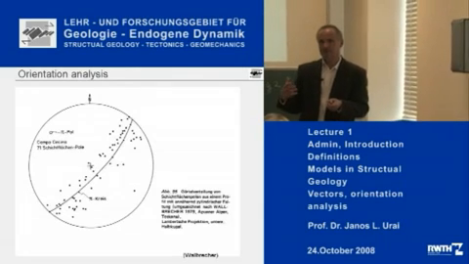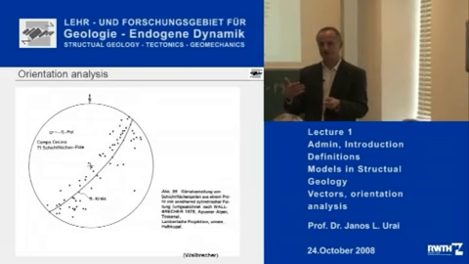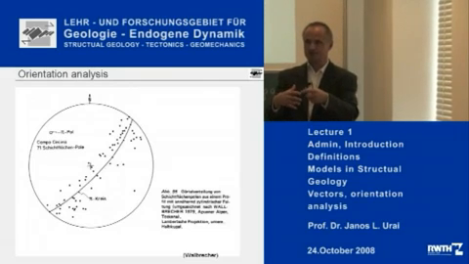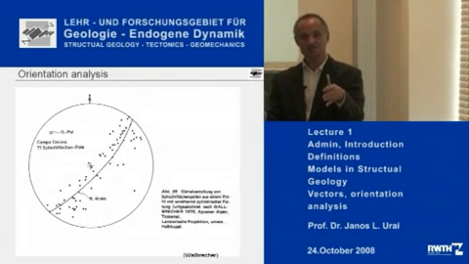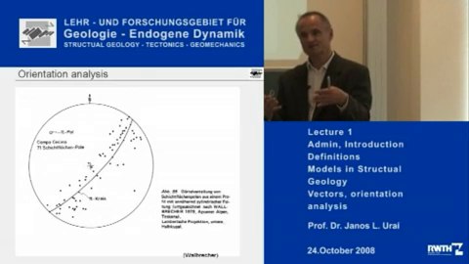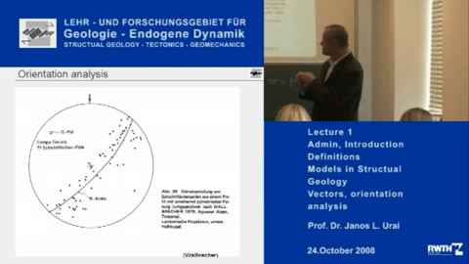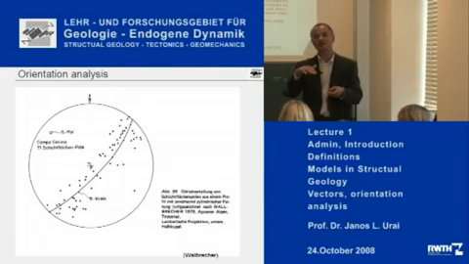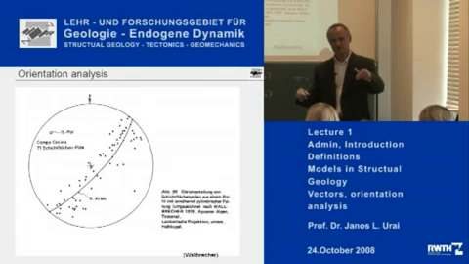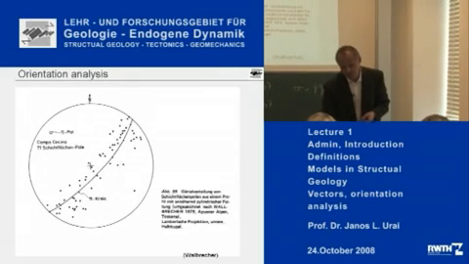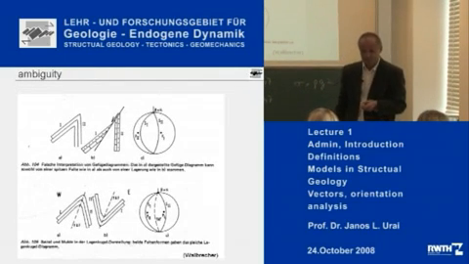Now, stereo nets are very useful because they allow you to analyze certain geometries, but one thing that they do is they take away the spatial information. So in this particular stereo net, I don't know where the data come from. Everything is plotted in one net.